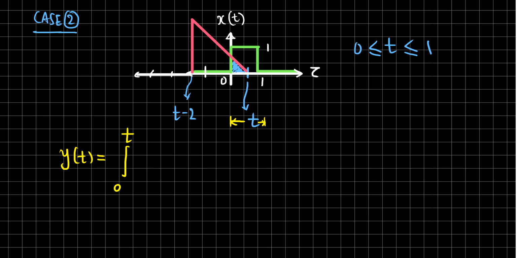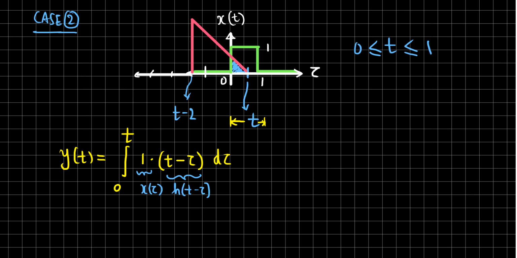So the signal is going to be x of tau, that is 1, multiplied by h of t minus tau. So this portion here is x of tau, whereas this portion here is h of t minus tau.